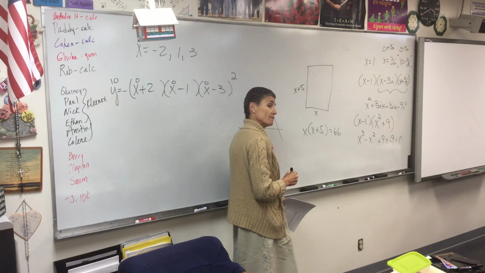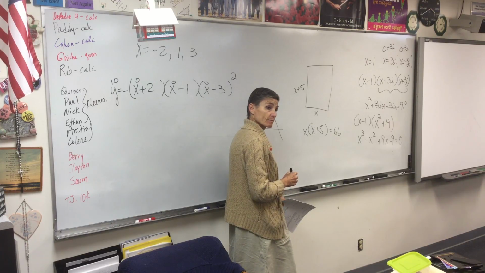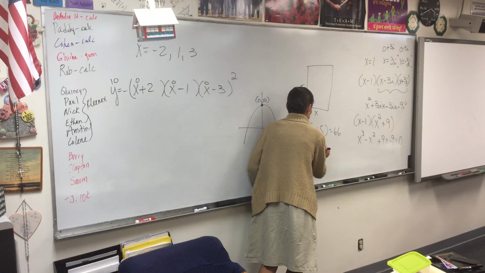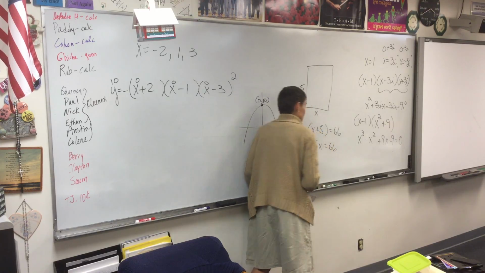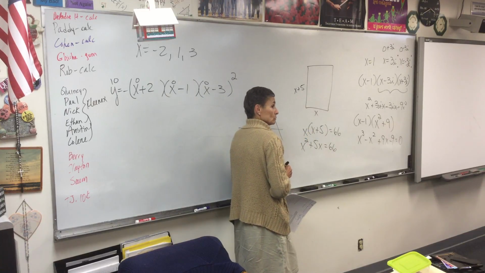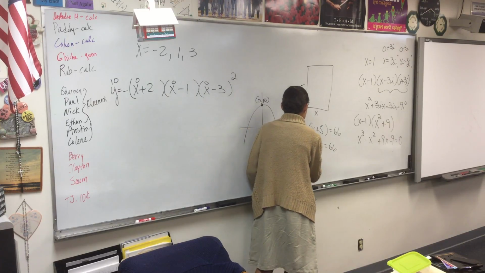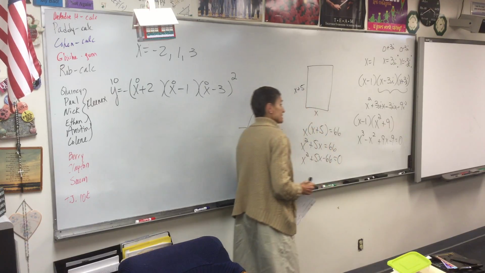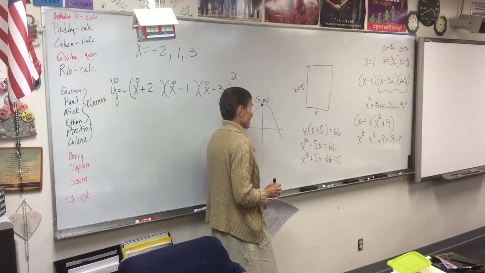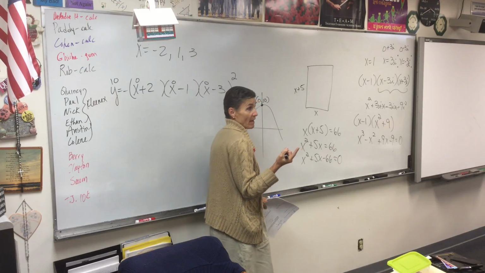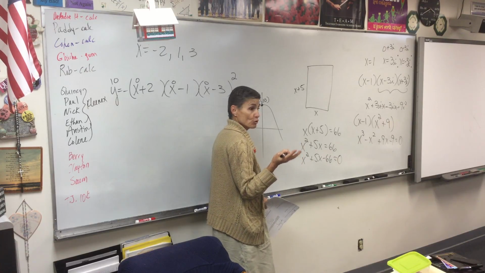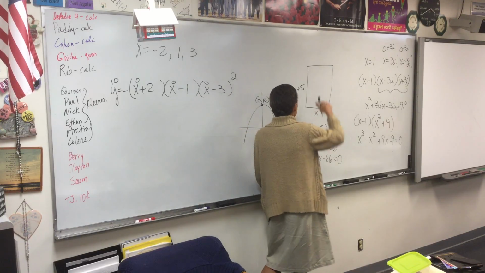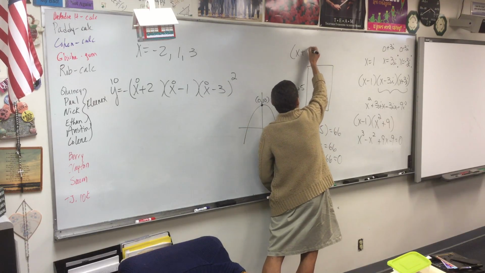What do you do with that kind of equation? Distribute. Subtract 66. Yeah, subtract 66. In other words, get it set equal to 0. And then either factor it if it factors, and you can see that, or use your quadratic formula. So it actually does factor.